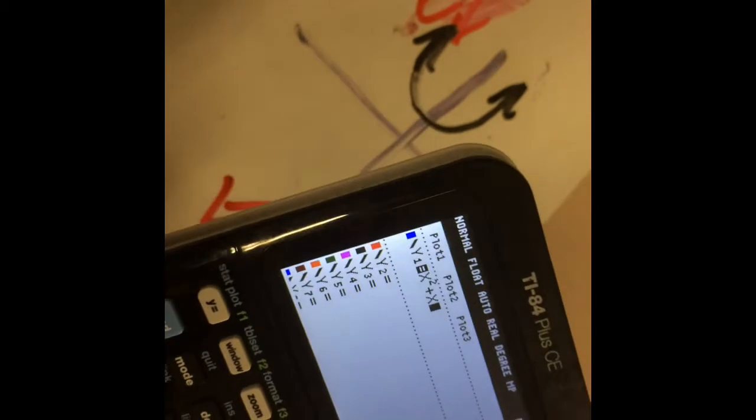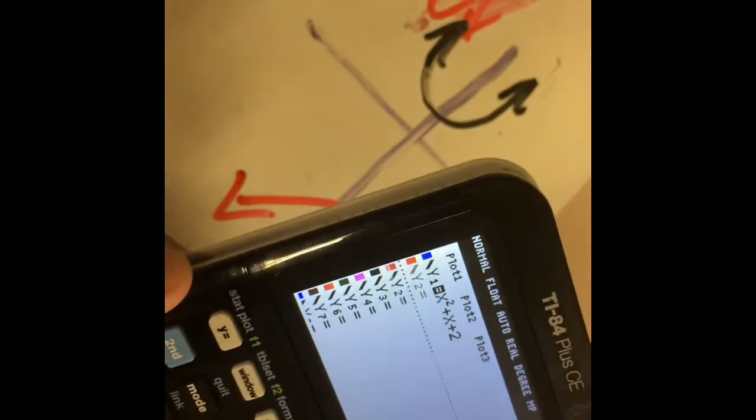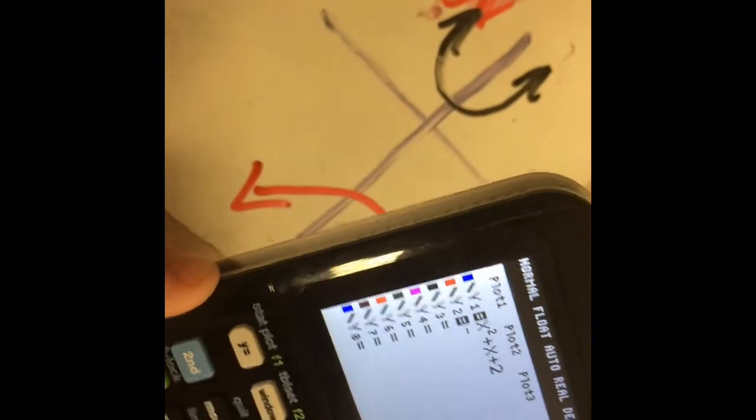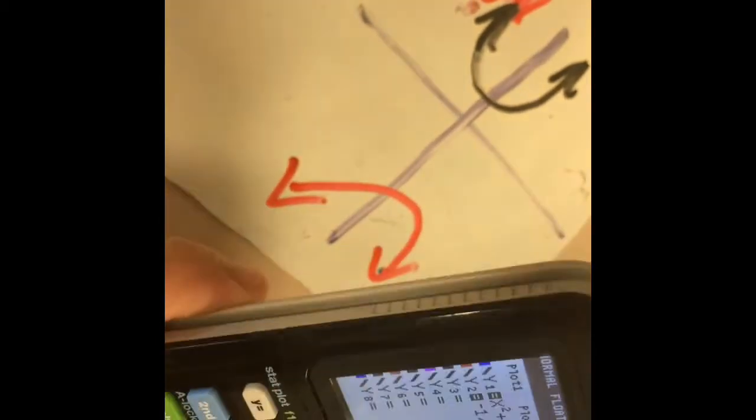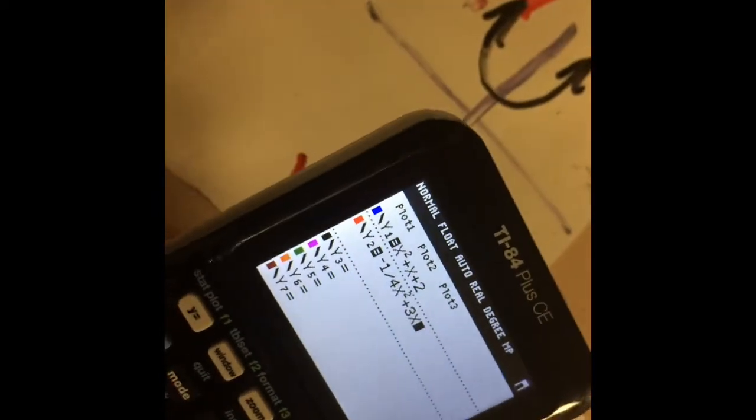We have x squared plus x plus 2, and then negative 1/4 x squared plus 3x minus 7.